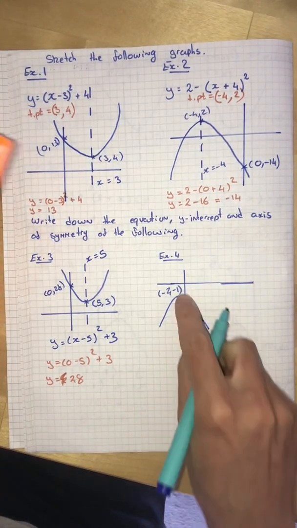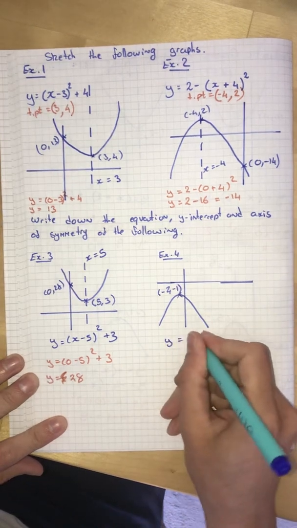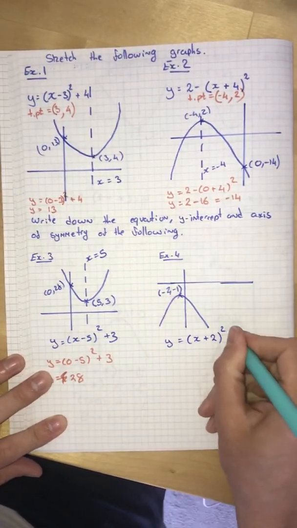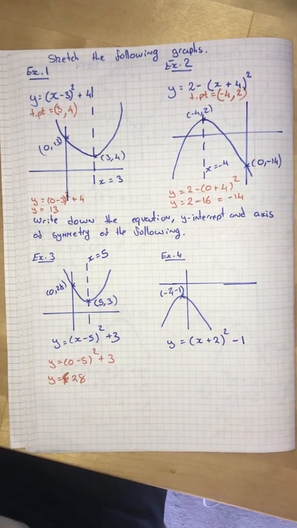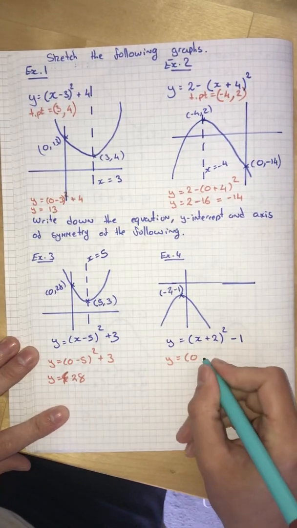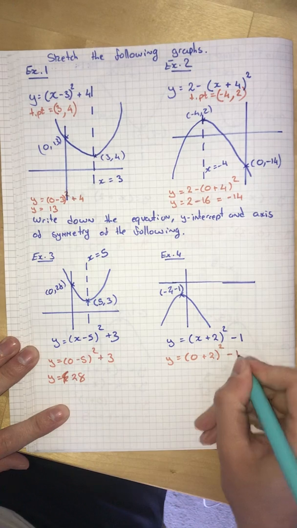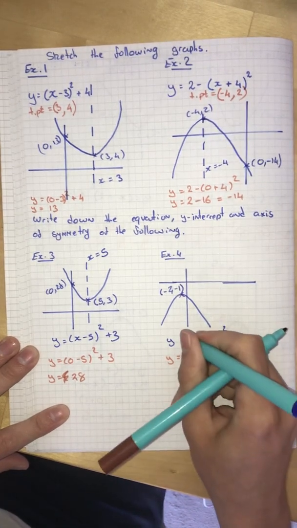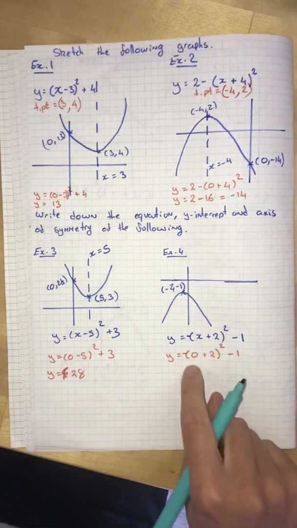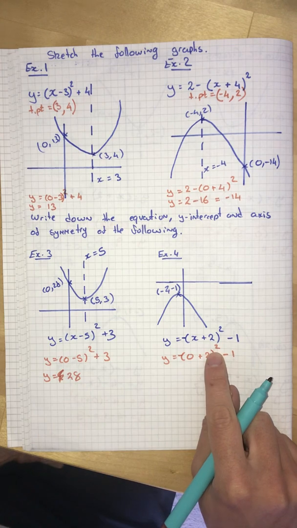Right, last one. Change the sign of the x. Keep the y the same. Let's get the turning point. Bring the axis, the y-intercept. That should be minus. So 0 plus 2 is 2. Squared is 4.